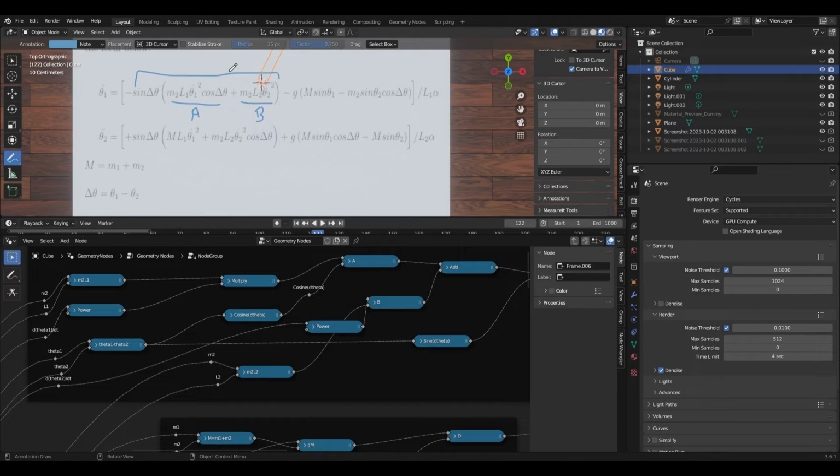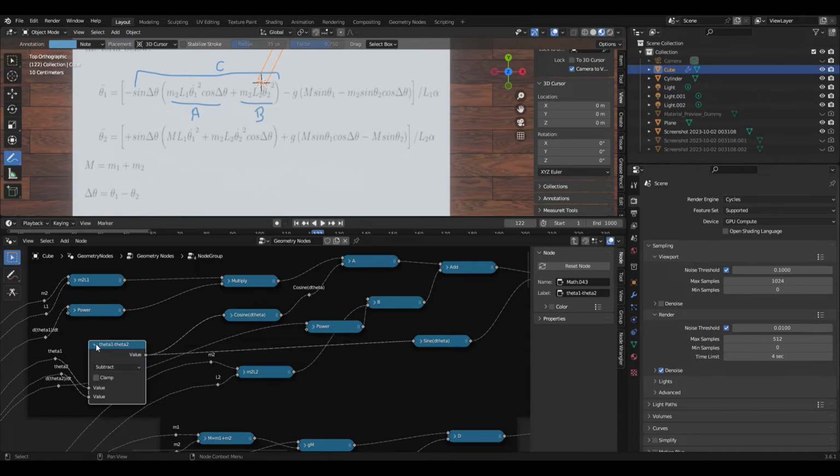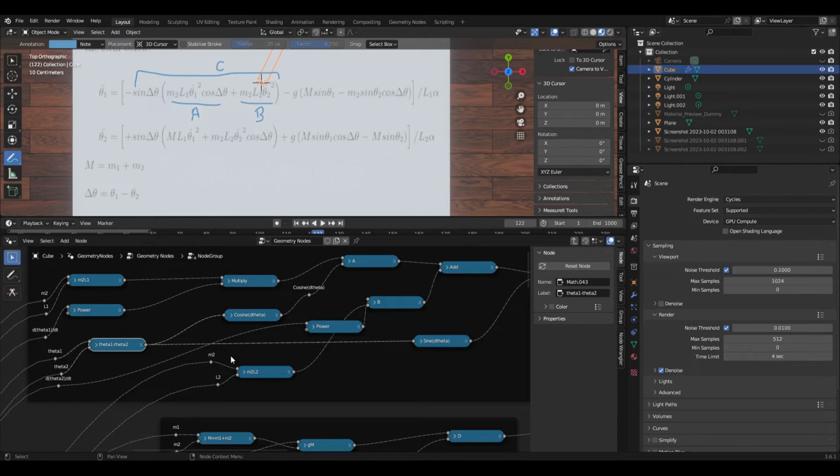I'm sort of writing it up here where I'm going to have a frame around A, B, and then those are going to go together to make C. And then just to make it clear to myself, the cosine d theta is going into A, and you can see that d theta 1 dt is going to the power of 2, and then m2, l1 are being multiplied.